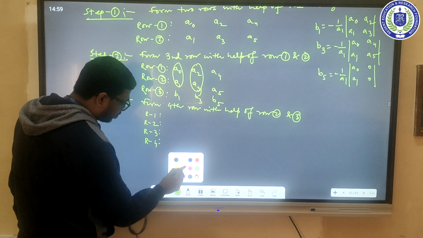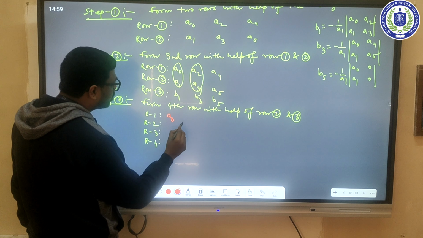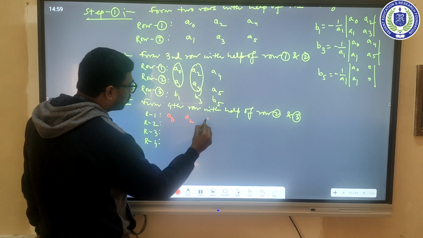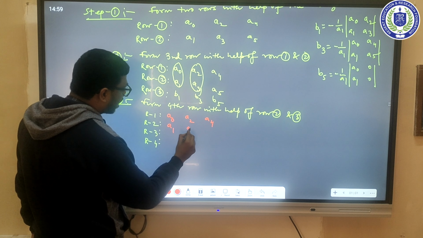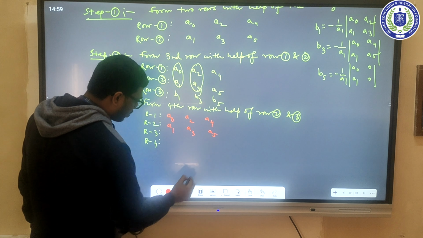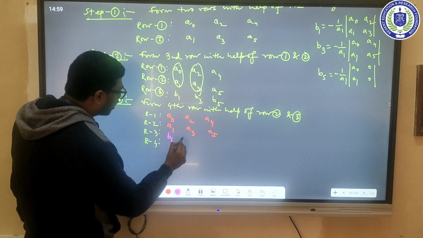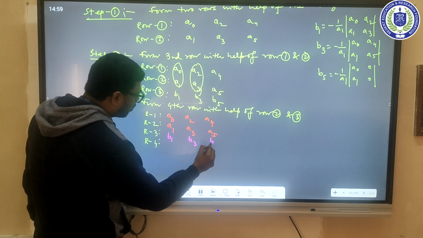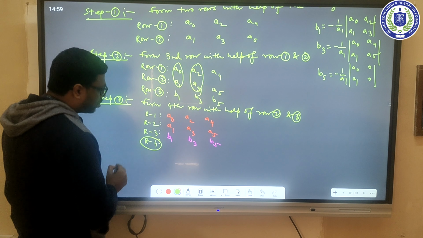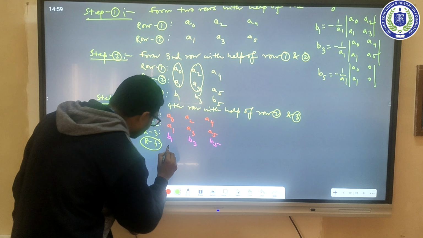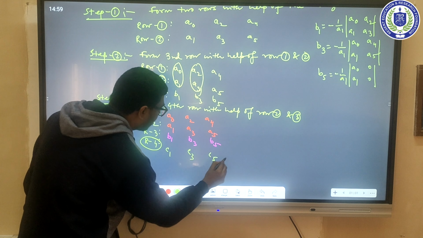R1 is A0, A2, A4, R2 is A1, A3, A5, and R3 is already formed, that is B1, B3, B5. Now we will form row 4, say C1, C3, C5.